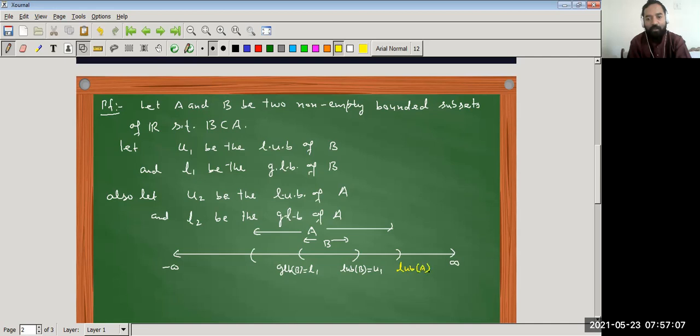LUB of A is equal to U2. GLB of A is equal to L2.